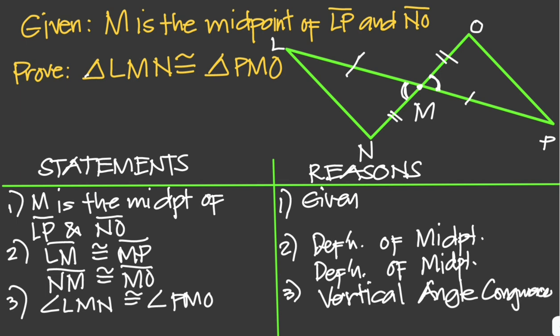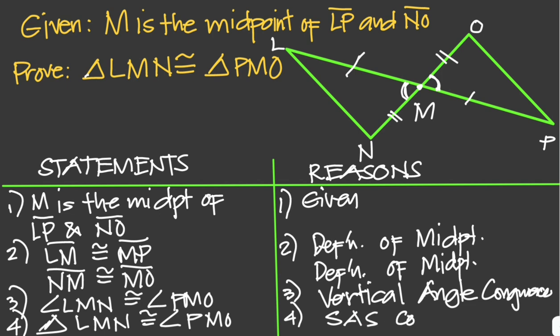So we already have proven two sides and an angle. Then we can write our proof here. Therefore triangle LMN is congruent to triangle PMO by SAS, side angle side congruence theorem.